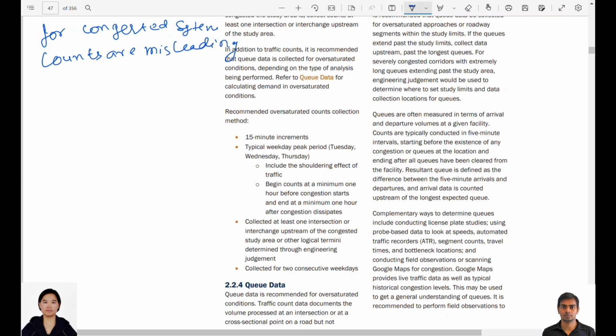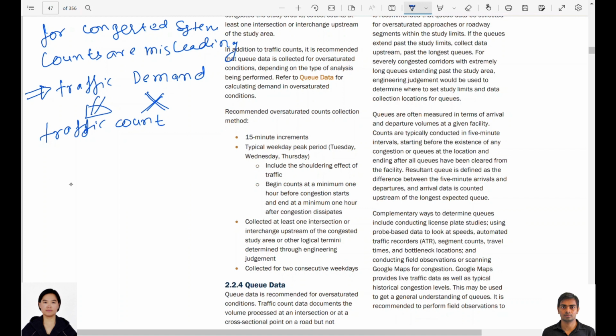Actually, when we are designing our facility, we are trying to design it for traffic demand, or what is the demand for the use of the facility during certain hours. However, the only thing we can collect is traffic count, which is typically not equal to demand during congestion.